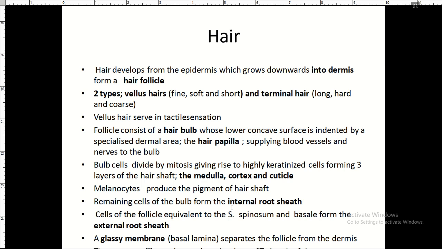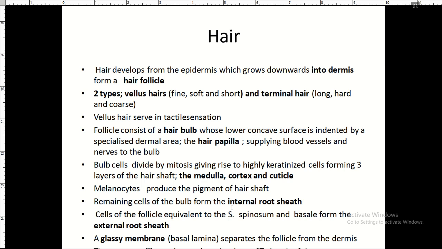So there are two types of hair: vellus hair and terminal hair. Vellus hair is your fine, soft, short hair that has some tactile sensation. And then your terminal hair, that's your long, hard, coarse hair, right?